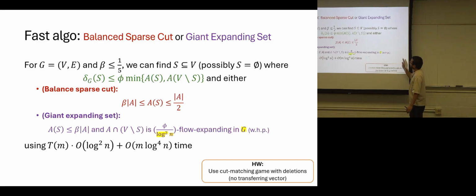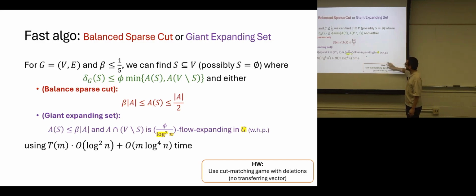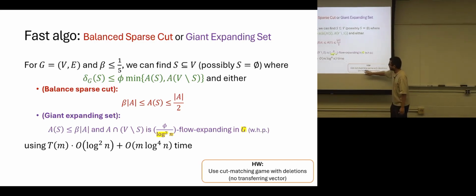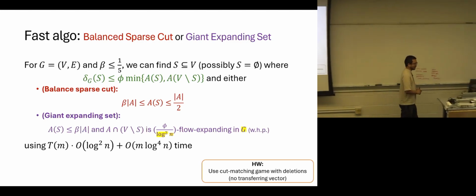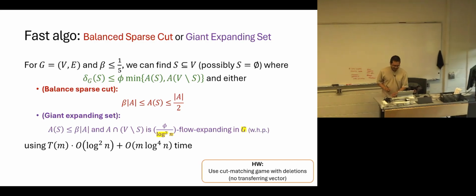It turns out that to prove this one, you just need to apply the cut matching game with deletions only. Try to think about this. It will help you really understand the content of the class. So I will not prove this for you. You can see how to prove it on your own.